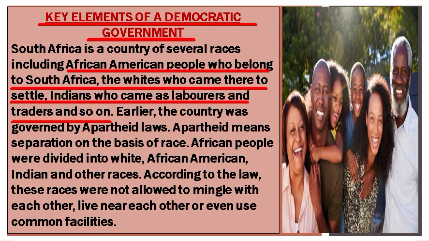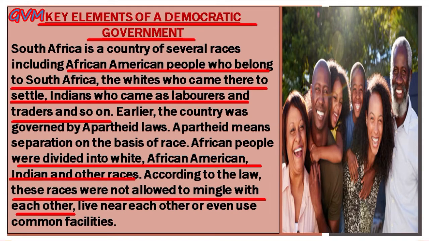And students, earlier South Africa was governed by apartheid laws, which means separation on the basis of colors, and the people in South Africa were divided into white, African, Indian and other races.